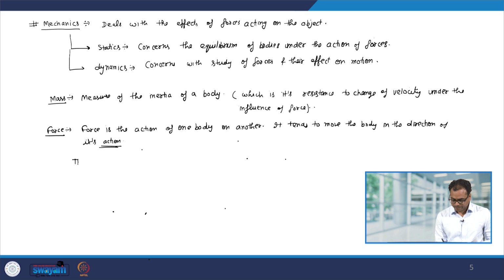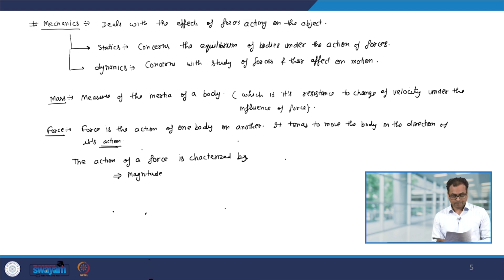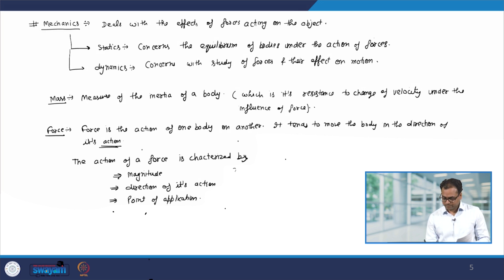So, the action of a force is characterized by magnitude, the direction of its action, and also the point of application. That means at which point you are applying, and of course, force is a vector quantity.